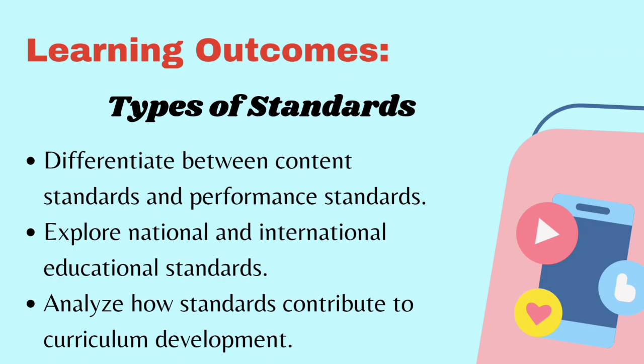So that's all for the first topic, and the second one is the types of standards. For our learning outcomes: differentiate between content standards and performance standards, explore national and international educational standards, and analyze how standards contribute to curriculum development.